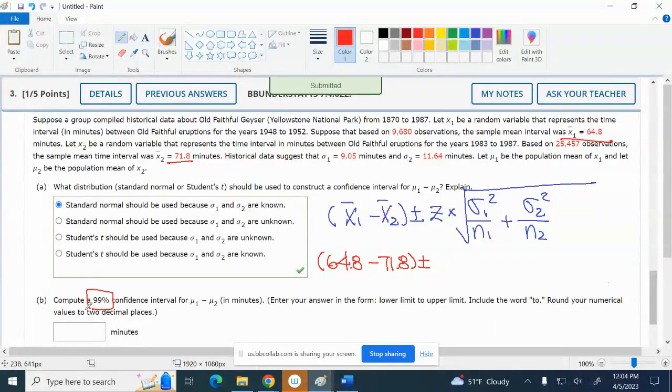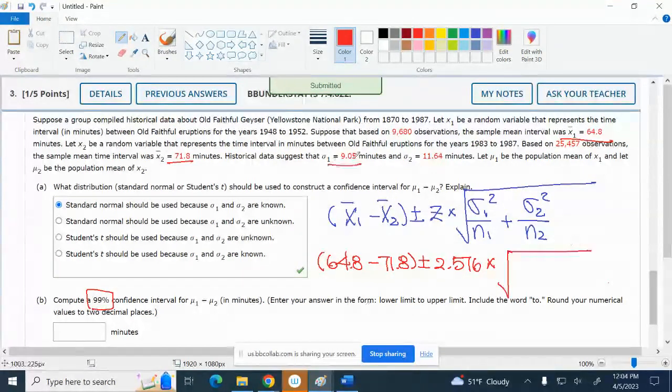You can see the z-score 2.576. I gave you 2.575 before, but the z-table gives us a better one, 2.576. So let me take the z-score from the t-table, 2.576.